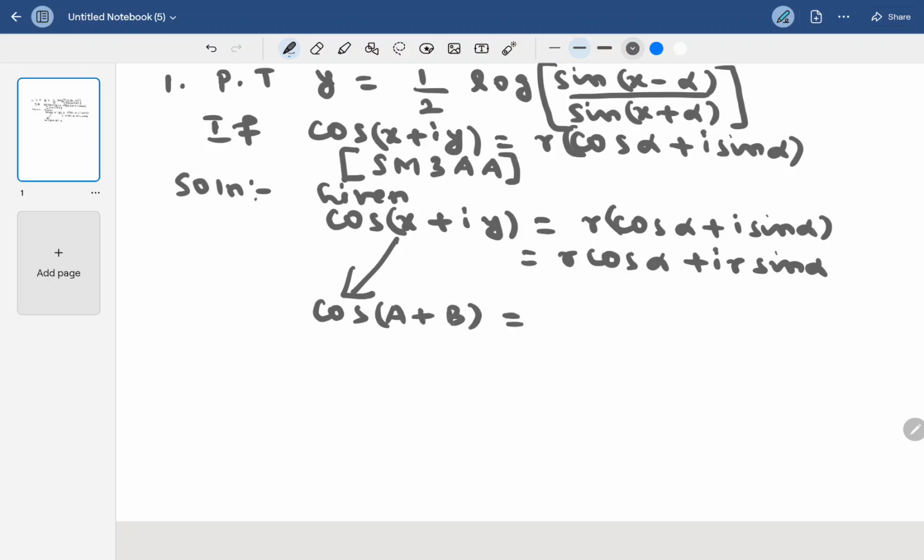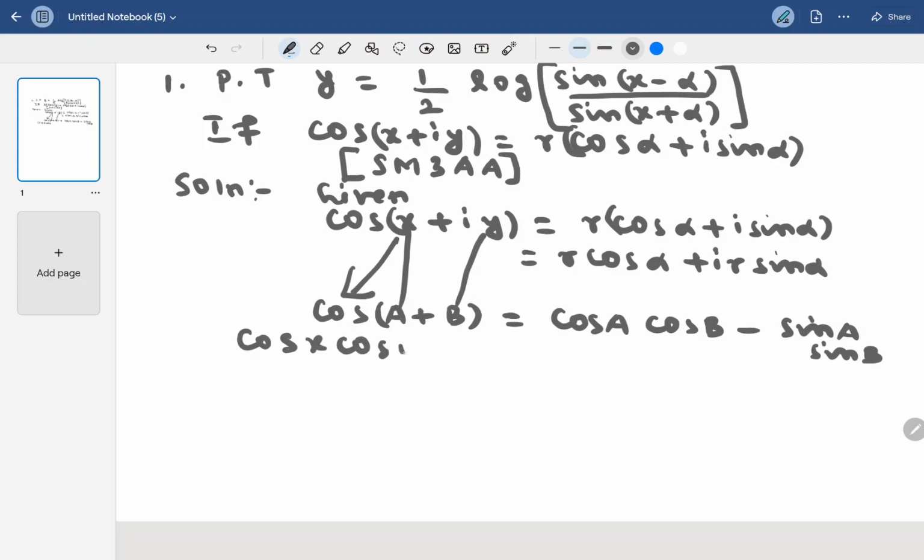We know from plus 1 mathematics trigonometry chapter cos of a plus b is cos a cos b minus sin a sin b. Here a is nothing but x, b is nothing but iy. Therefore, LHS becomes cos x cos iy minus sin x sin iy, which is equal to r cos alpha plus i into r sin alpha.